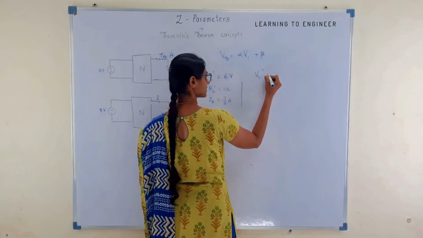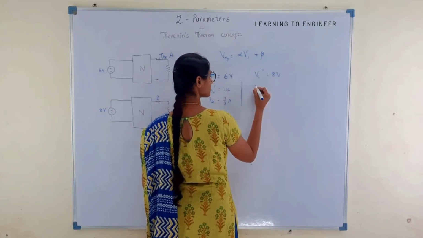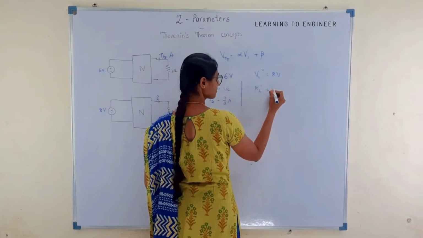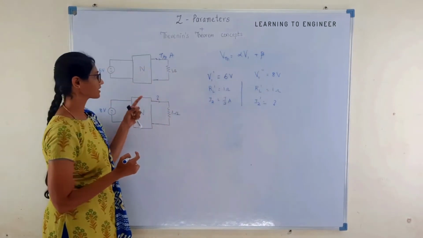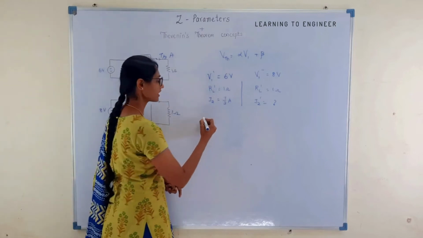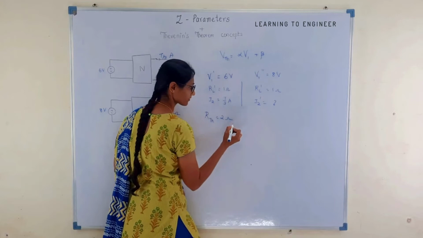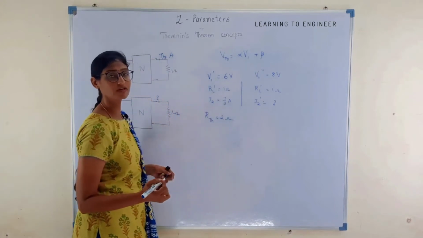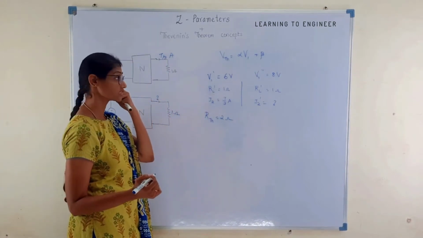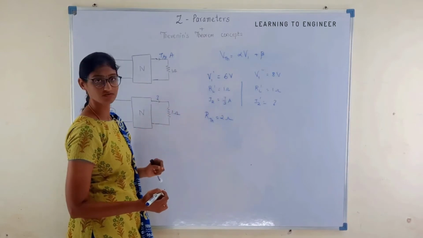If V1 dash dash is equal to 8 volt, RL remains the same. So since again we are not making any modifications over this network, RTH remains 2 ohm. Only thing is the open circuit voltage VTH will change. We will find that using this information.